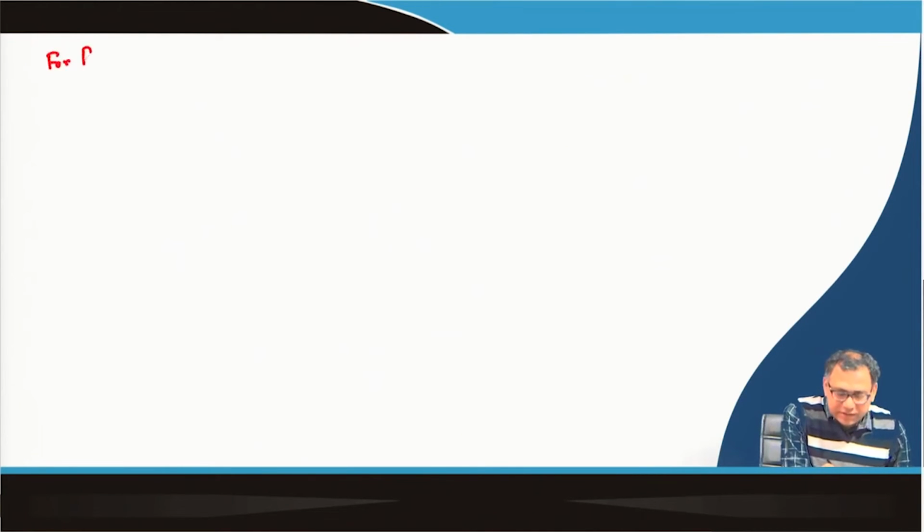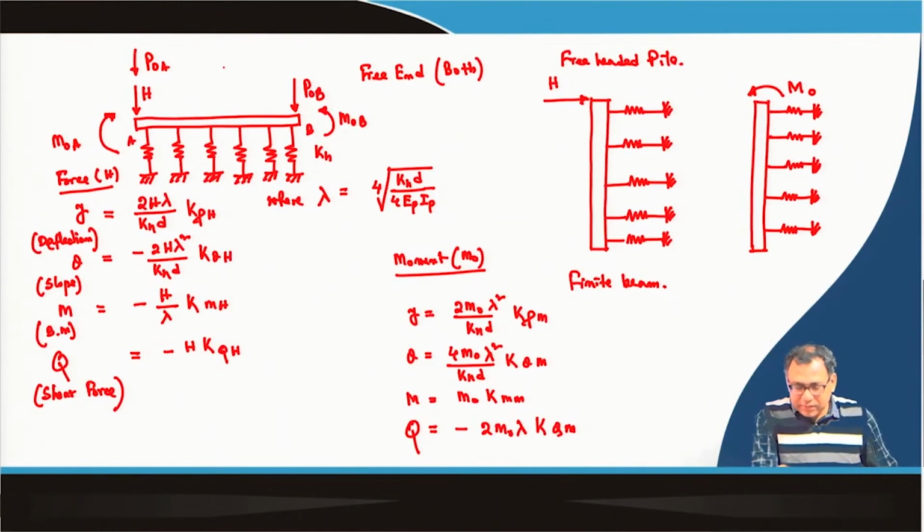When we derive these equations, we assume that both the ends are free. So, these equations I can use only for the free headed pile, not for the fixed headed pile. For the fixed headed pile, the top or the head of the pile is fixed, but the bottom is free.